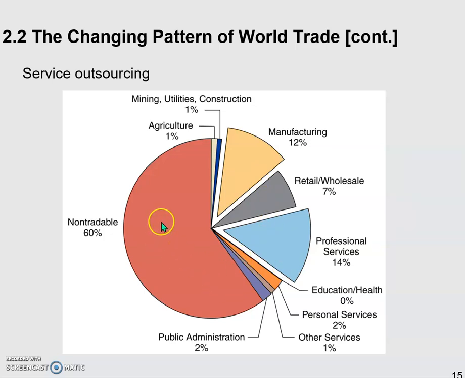But remember, services combined, all kinds of services together, account for about 2/3 of the U.S. GDP. Okay, so it's the largest sector, way larger than agriculture and manufacturing. So 40% of 2/3 of the U.S. GDP, that's a huge number, right? So a significant portion of the services could be tradable.